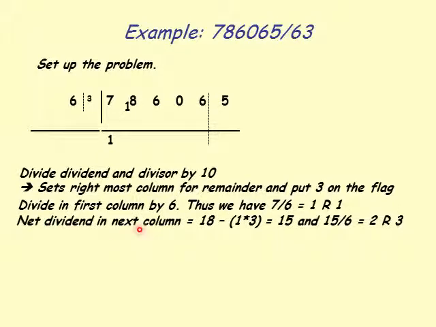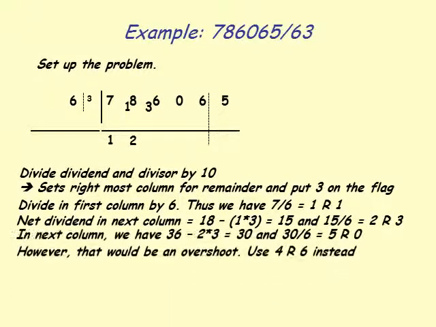So next net dividend in next column is 18 minus 3 times Q, where 3 is the flag digit, and Q is the quotient. So 18 minus 3 is 15, and when we divide 15 by 6, I have a 2, remainder 3. So we got 2 here and remainder is 3. In next column, gross dividend is 36. In next column, we have 36 minus 2 times 3.